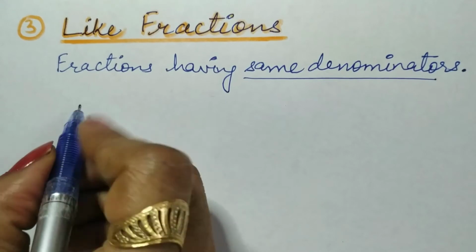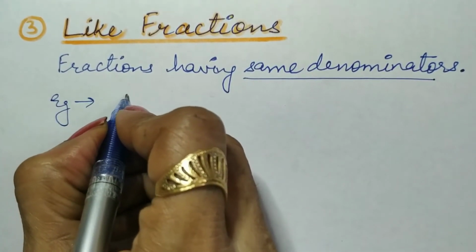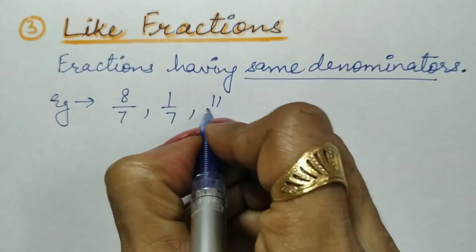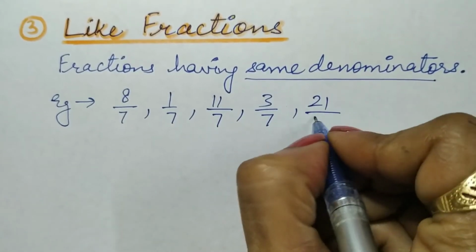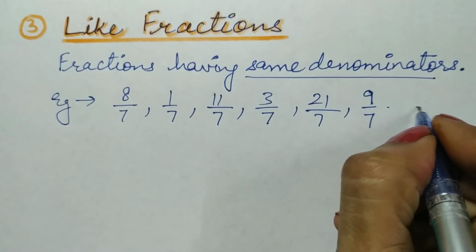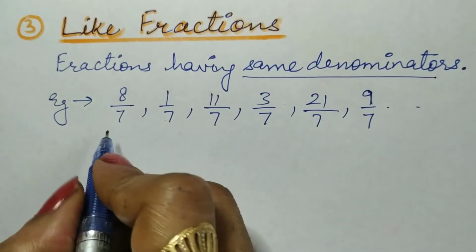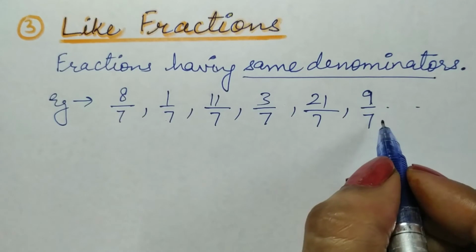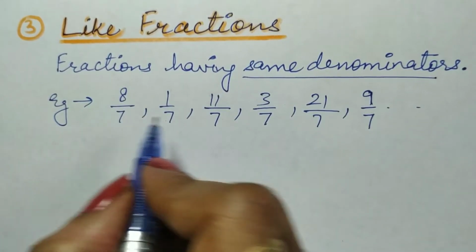Examples of like fractions are 8 by 7, 1 by 7, 11 by 7, 3 by 7, 21 by 7, 9 by 7, and so on. Just look at these fractions. All the fractions have 7 in the denominator's place. All denominators are the same, so all these fractions are like fractions.